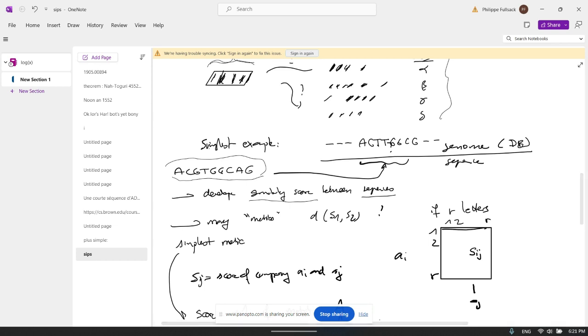For DNA, we'll have 4 letters, ACGT. For proteins, we may have 20 letters, and for codons, we may have 60 letters. So the size of the alphabet that you are using will depend pretty much on what you are doing.